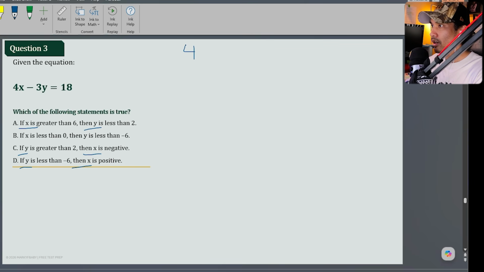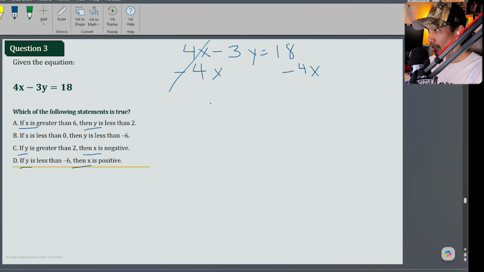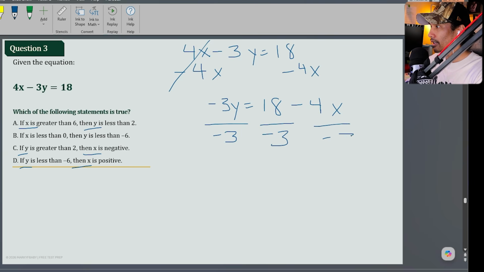So let's start. I have 4x minus 3y equaling 18. The first thing I'm going to do is subtract 4x from both sides, canceling out the 4x on this side, leaving me with negative 3y equaling 18 minus 4x. I would actually switch that around, but it doesn't matter. I'm going to divide everything by negative 3.